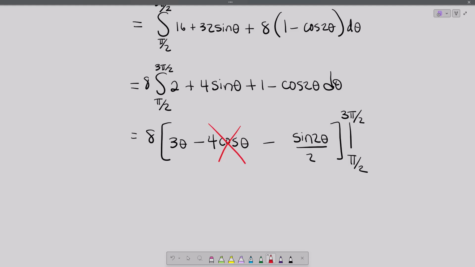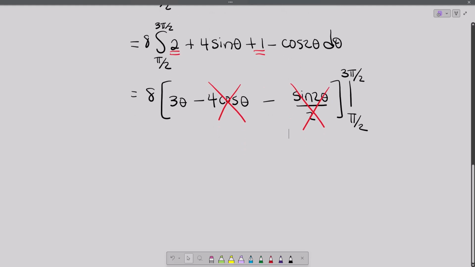How'd you get 3 theta? Oh, there's the 1. Okay. 2 plus 1 is a constant of 3. Integrate that thing, 3 theta. What about over here? If you plug in pi over 2, you get sine of pi, which is 0. If you plug in 3 pi over 2, you get sine of 3 pi, which is 0. So that's all gone.